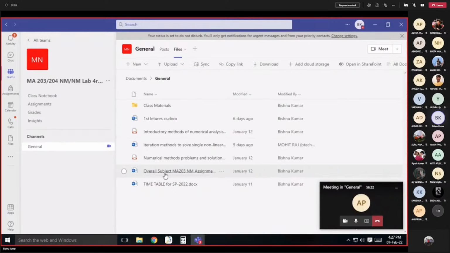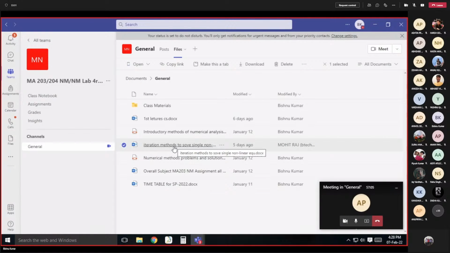Overall assignment, that file, are you seeing it here? Yes, sir, it is visible there. Overall assignments, actually, the syllabus I have written there nicely. Which are the things you have to study nicely? And these are the subjects. This is your iteration method to solve the single variable equations, the past lecture. This is your lecture, no? Iteration method.